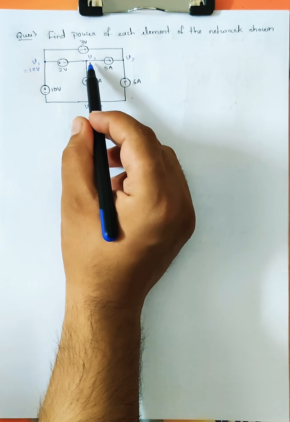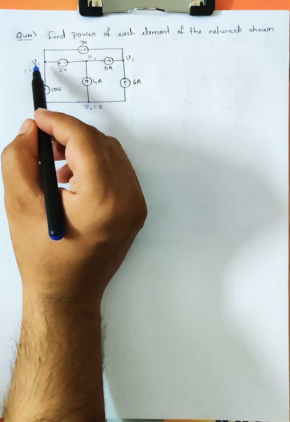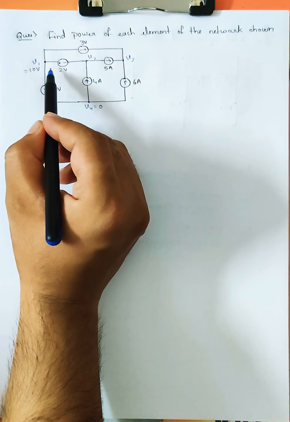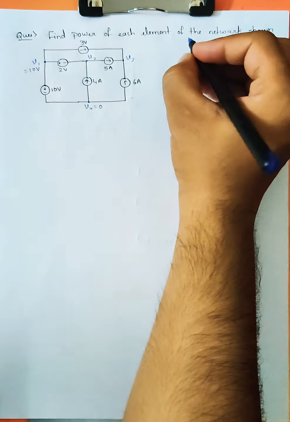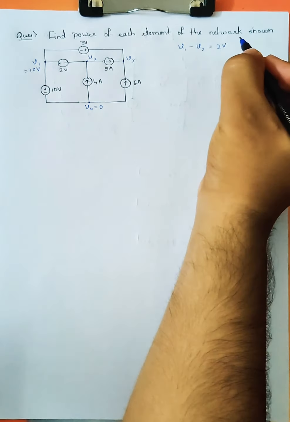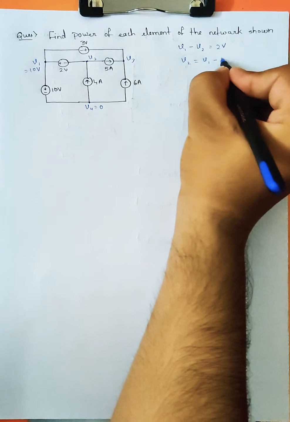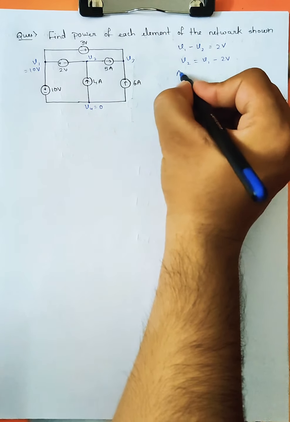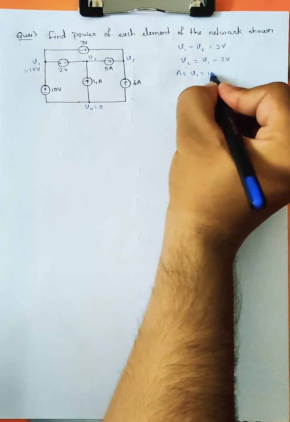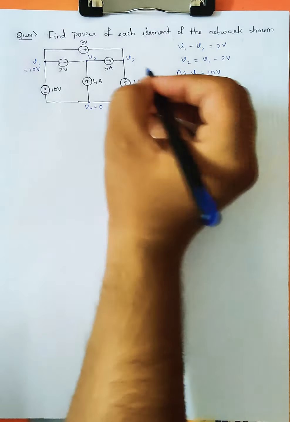Now we will calculate V2 and V3. As we can see, between V1 and V2 there is a voltage source of 2 volts. So V1 minus V2 is equal to 2 volts. V2 is equal to V1 minus 2 volts. As V1 is equal to 10 volts, therefore V2 is equal to 8 volts.